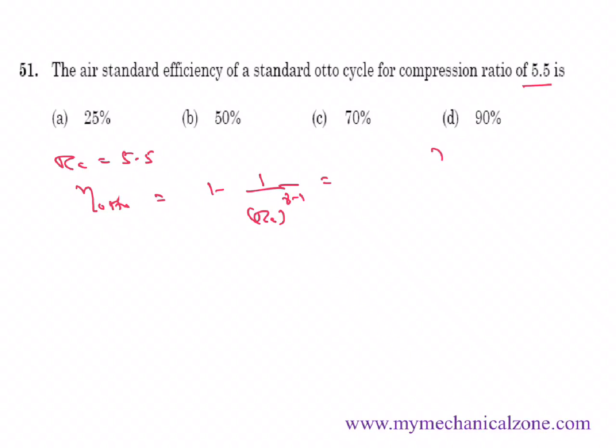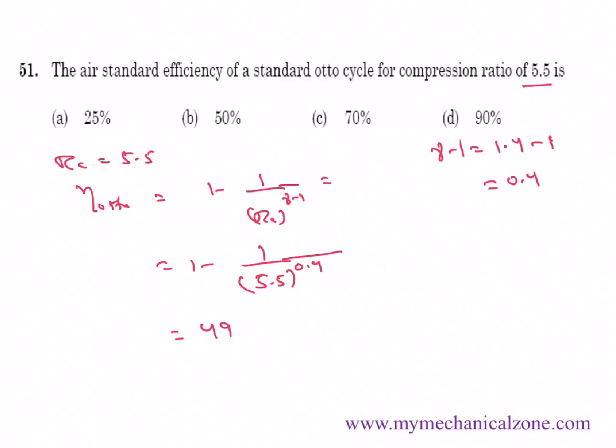Gamma minus 1, we will get 1.4, 0.4. If you solve this one you will get around 49%. So option B is your correct answer.